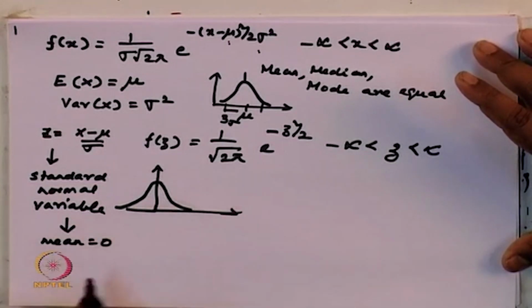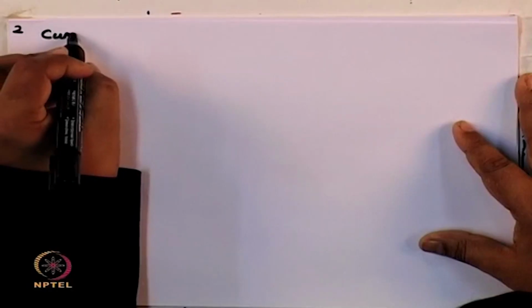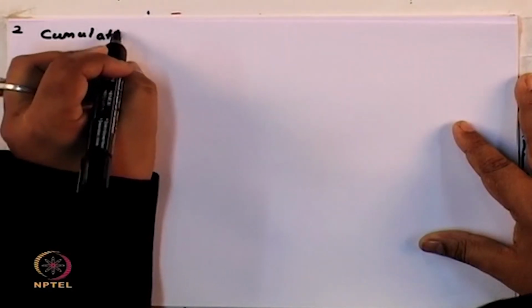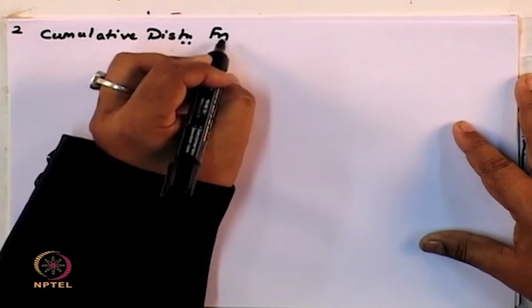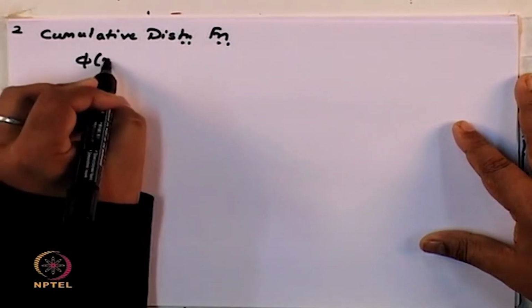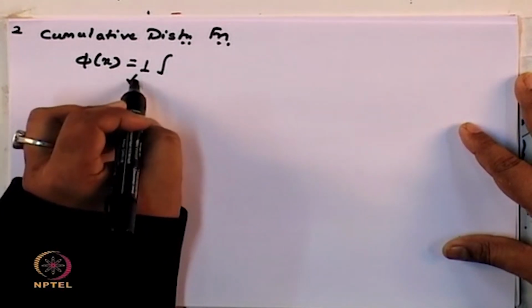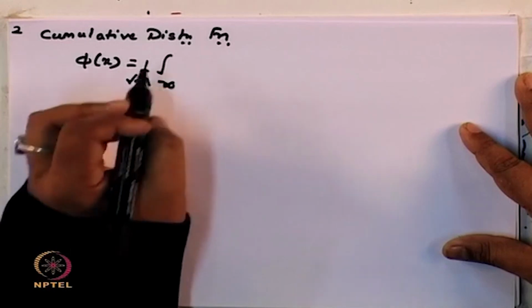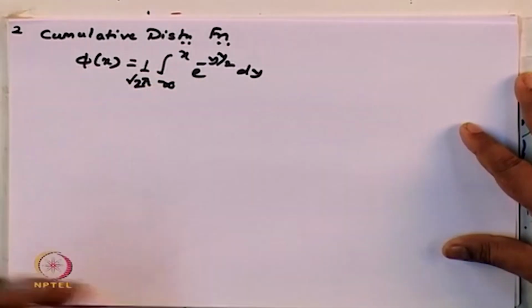Okay. So, the cumulative distribution function is given by phi of x, which is given by 1 by root 2 pi integral from minus infinity to x of e to the power minus y square by 2 dy. Okay.